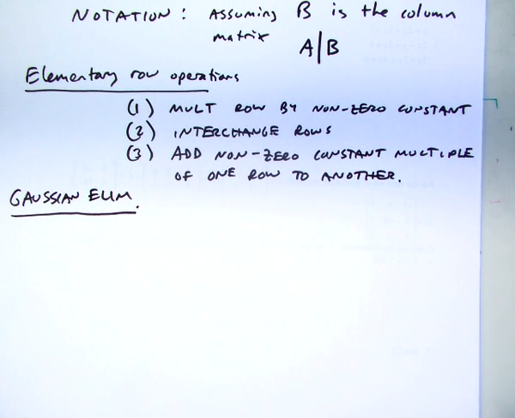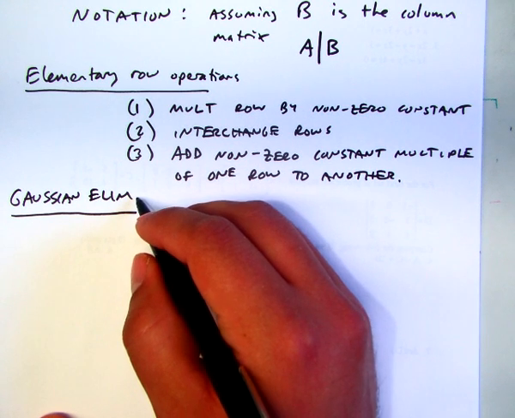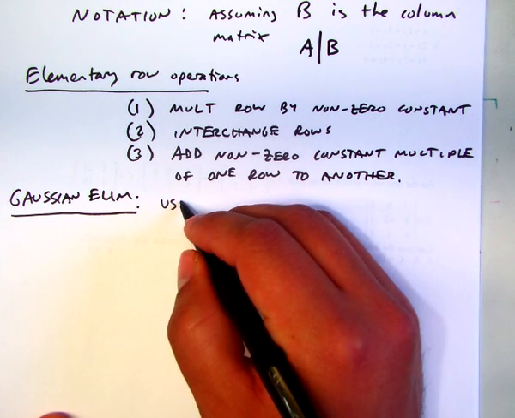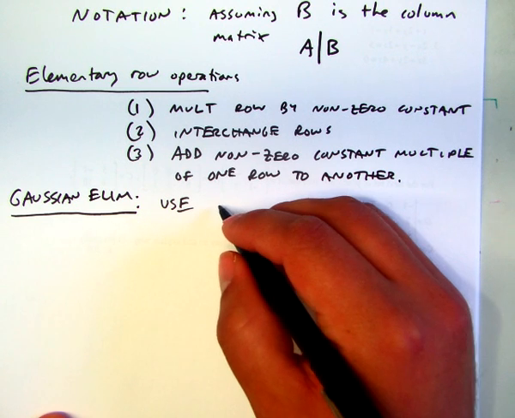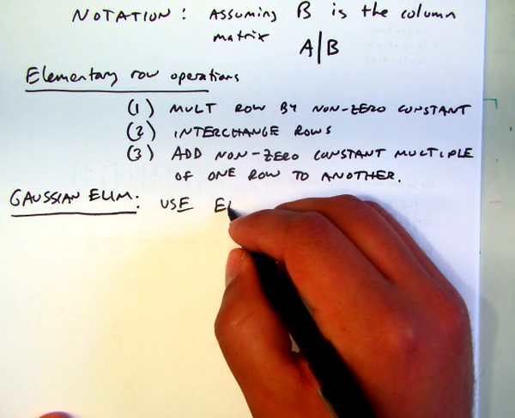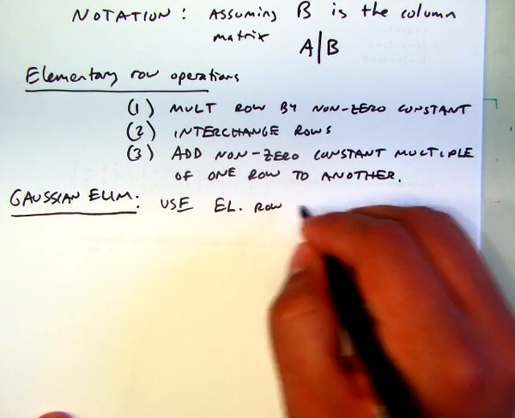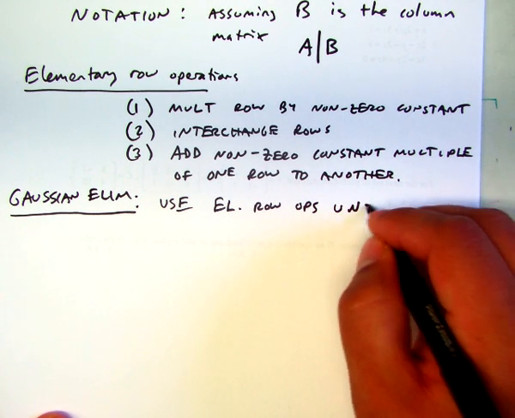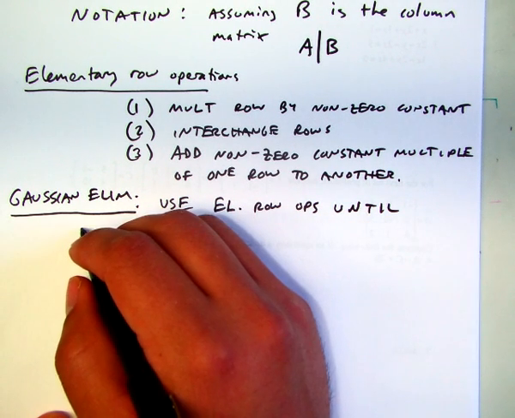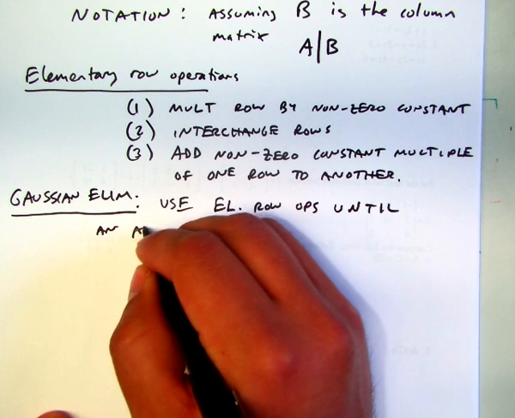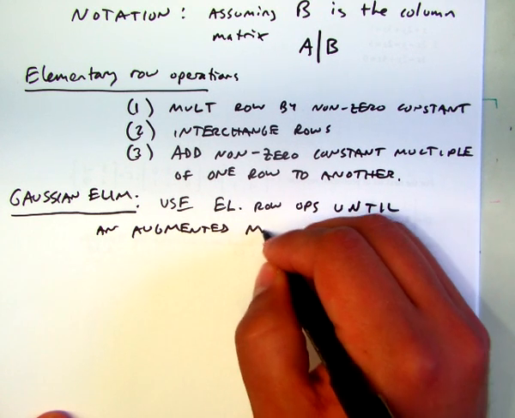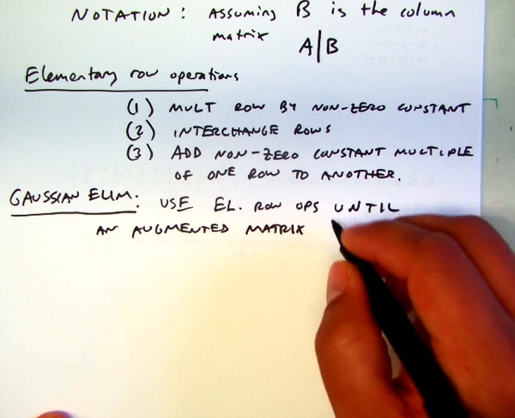Okay, so Gaussian elimination is essentially using the elementary row operations until you get to an augmented matrix in row echelon form.